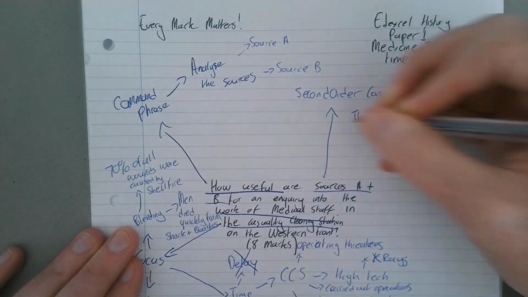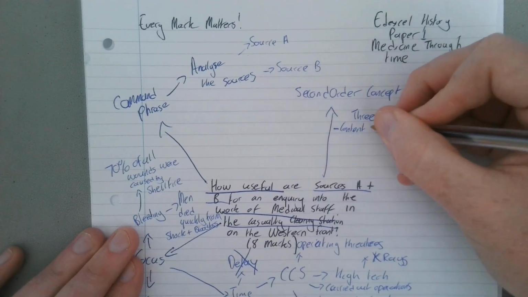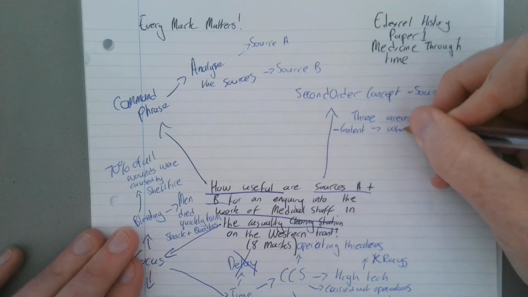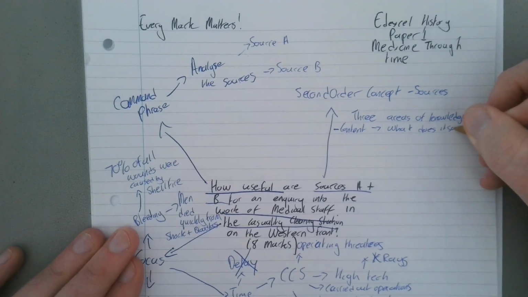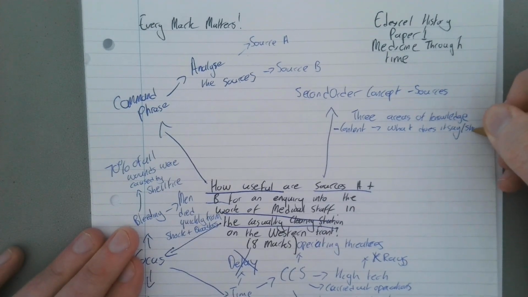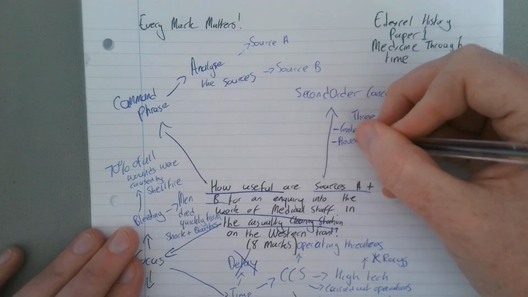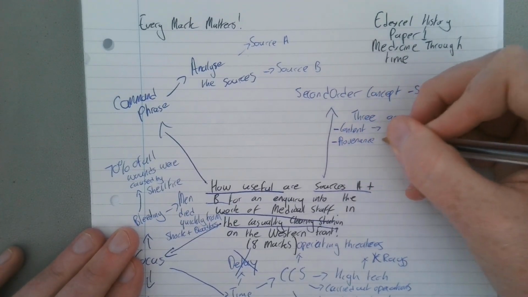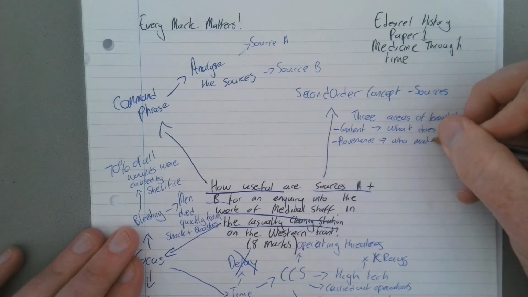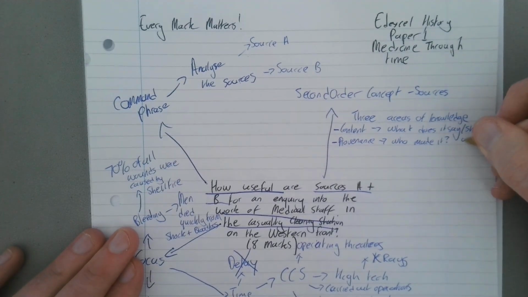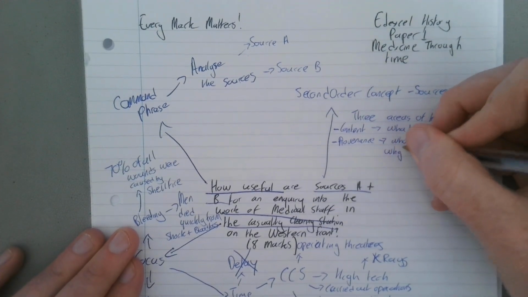The first area of knowledge is content. That means, what does it say or show? The second area of knowledge is provenance. That means who made it, when was it made, and why was it made.